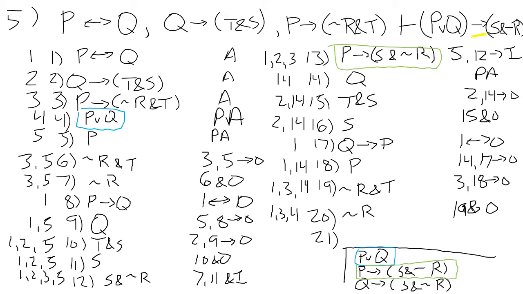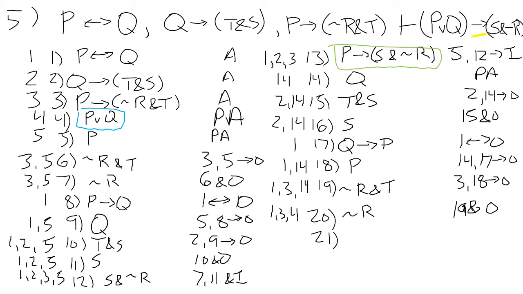I'm going to erase our little notation thing here because we're just not going to have enough room as it is. So we need to put S and tilde R together from 16 and 20 ampersand in. That's going to be 1, 2, 3, and 14.